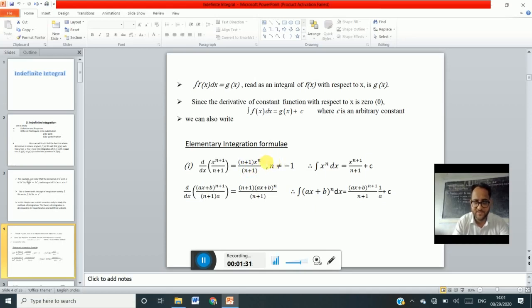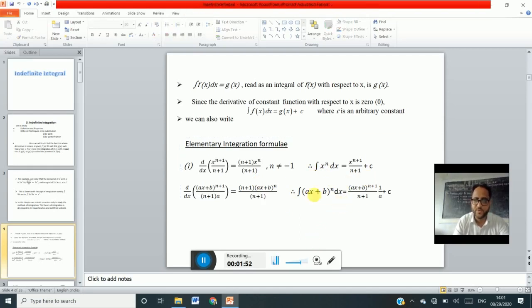The 1 minus 1 cancels, so x to the power n remains. If we cancel out n plus 1 with n plus 1, only x to the power n is left. That means the derivative of x to the power n plus 1 upon n plus 1 is x to the power n, right? Therefore integration of x to the power n is x to the power n plus 1 upon n plus 1, right?